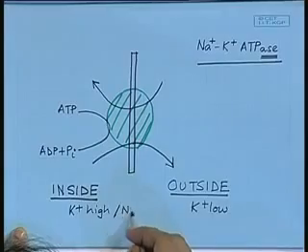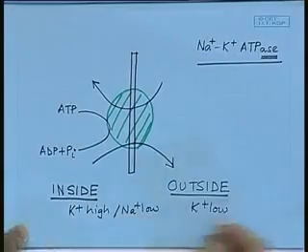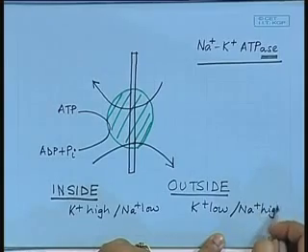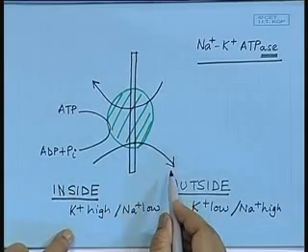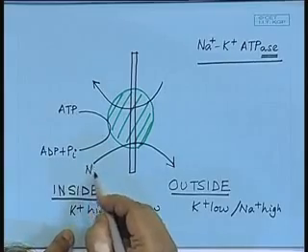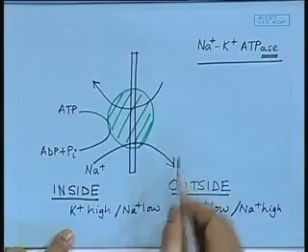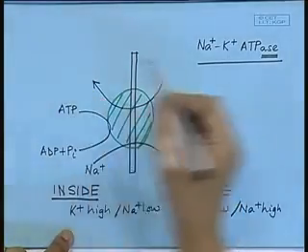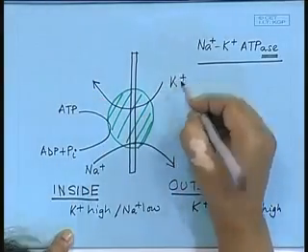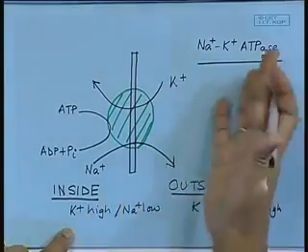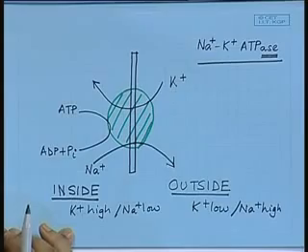So, Na plus is low inside and Na plus is high outside. So, whatever is going out is Na plus from the inside to the outside, and what is coming in is K plus.